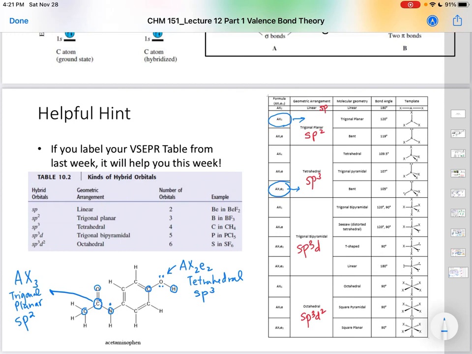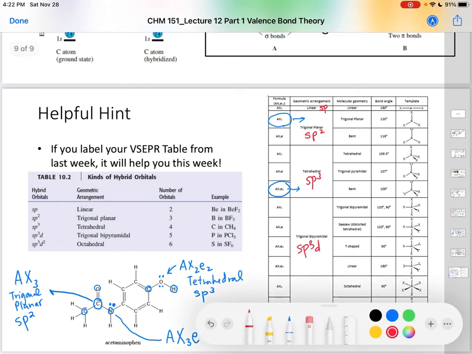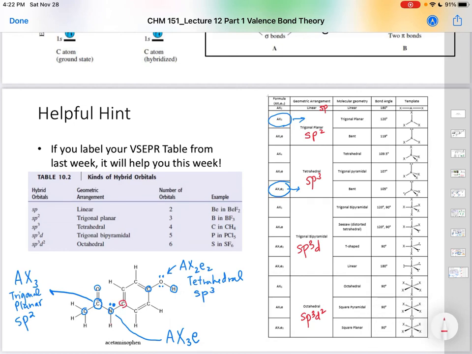Okay, we can do one more. This nitrogen has a lone pair. So this nitrogen would be AX3E, because, and I'll do it in a different color to differentiate, this nitrogen has 3 atoms attached. AX3 does have a lone pair, so we have E. AX3E predicts, again, the geometric arrangement of tetrahedral.